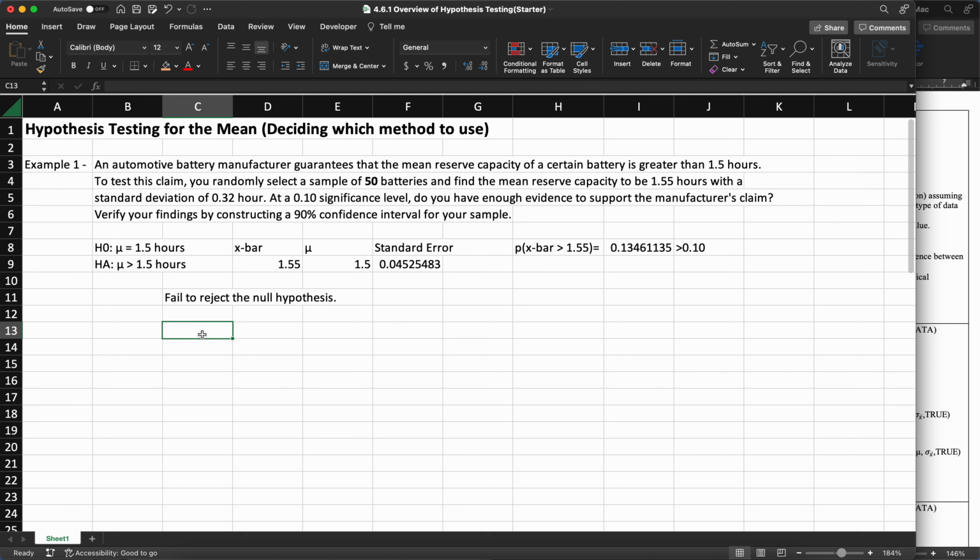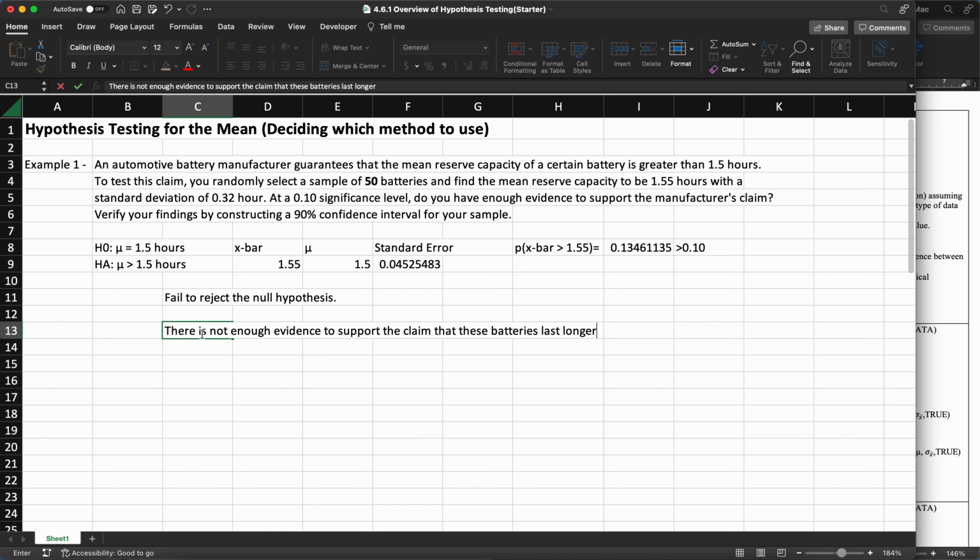Now I'm going to write this in a sentence. There is not enough evidence to support the claim that these batteries last longer than 1.5 hours.